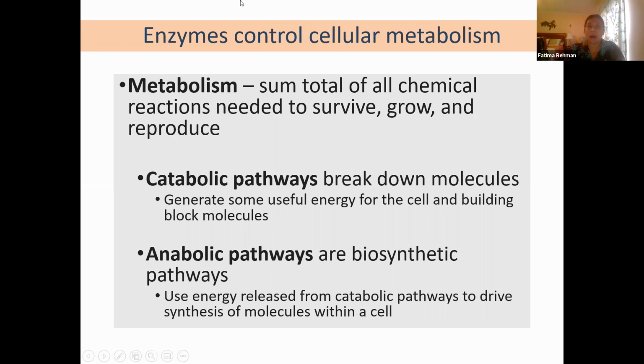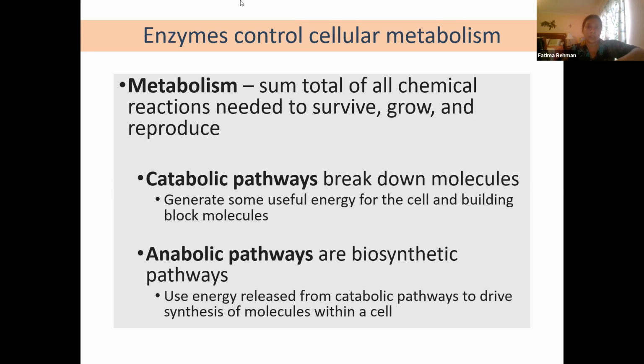So enzymes are basically what control our metabolism and all the reactions that make up our metabolism. At the end of the day, our metabolism is controlled by the rate of reactions that are happening inside our cells. And these are all the reactions that are needed for us to survive and grow.